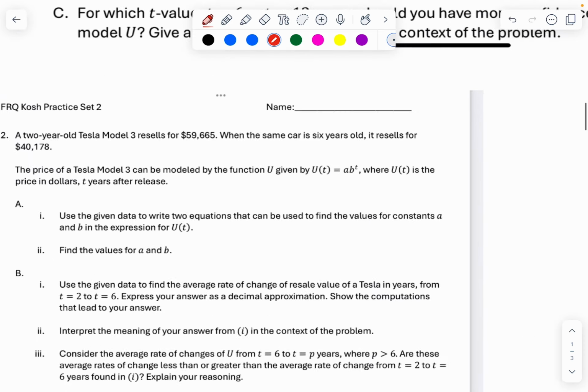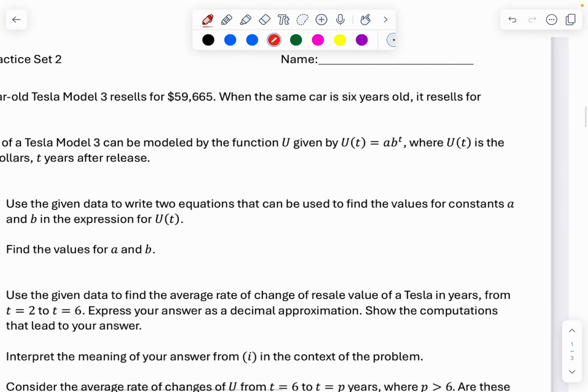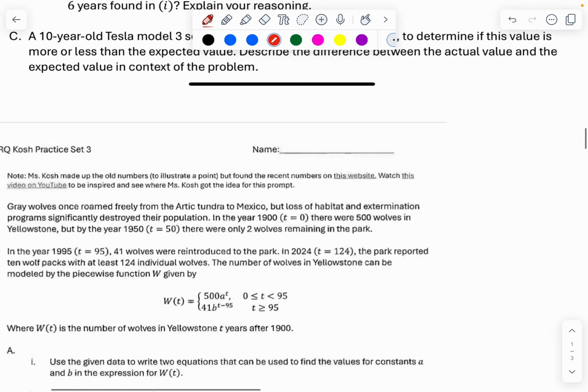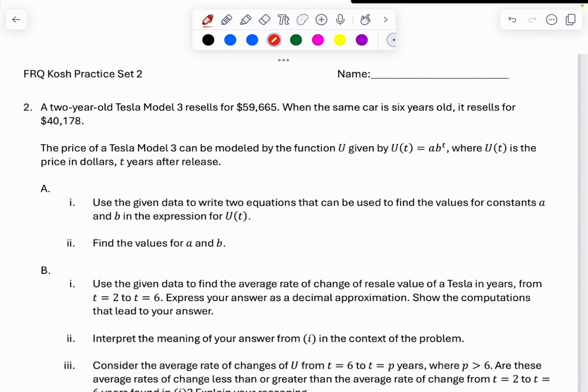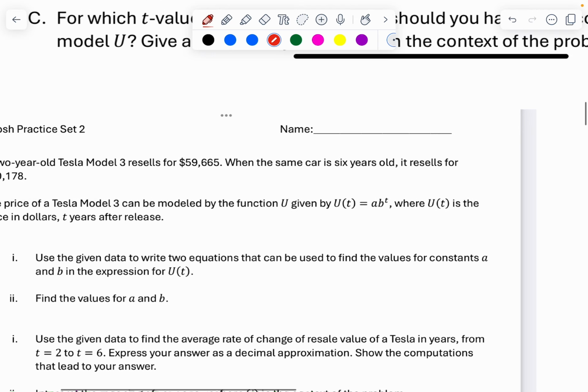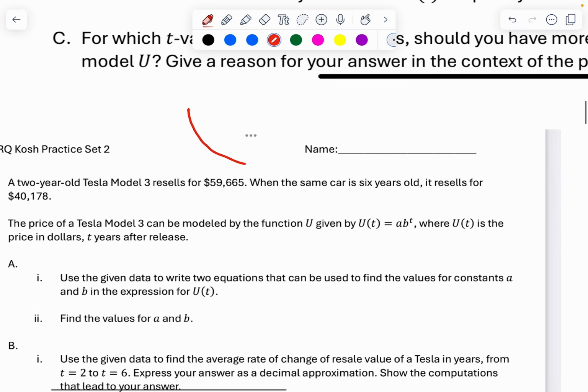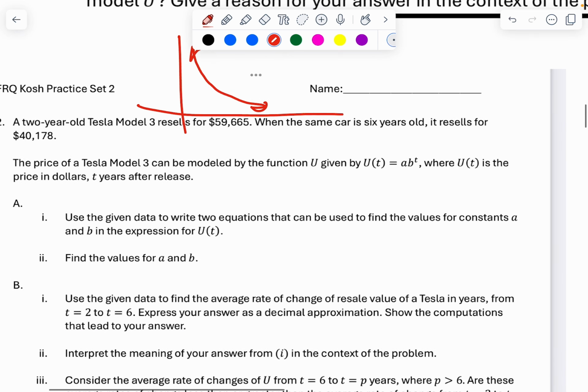Let me see. Let's look at something that's different. That's another exponential problem, probably exponential growth, or was it, let's see. Resells, oh okay, so it's an exponential decay, because the price of the Tesla is going to go down, but it's still concave up, so it's going to be increasing. Notice this graph is concave up.